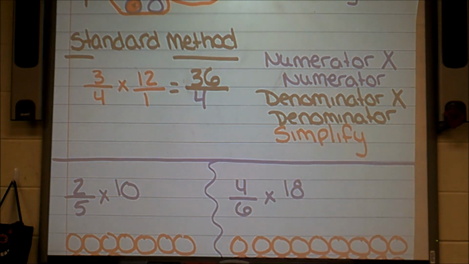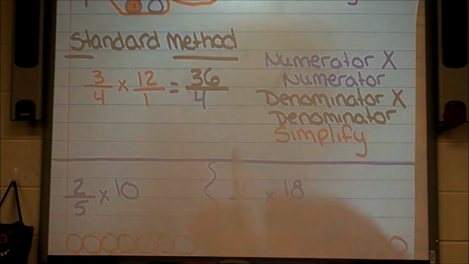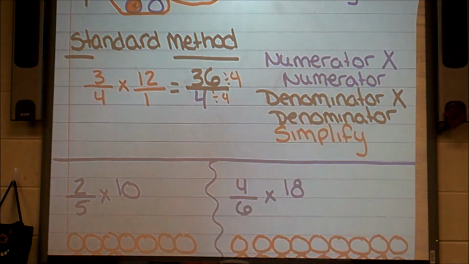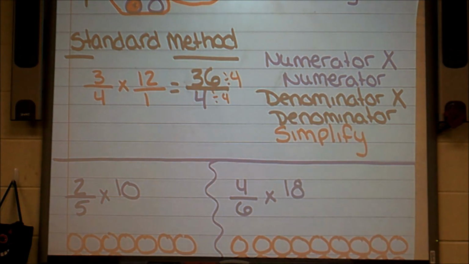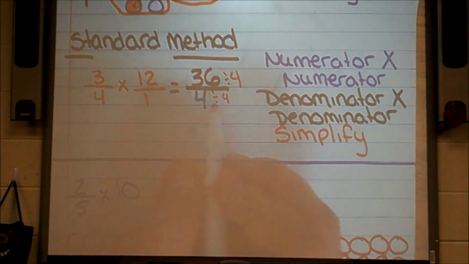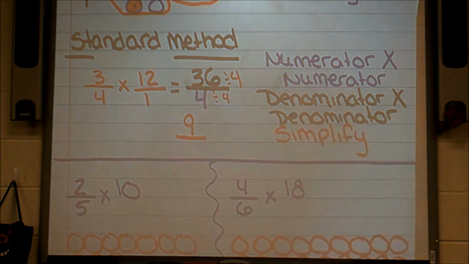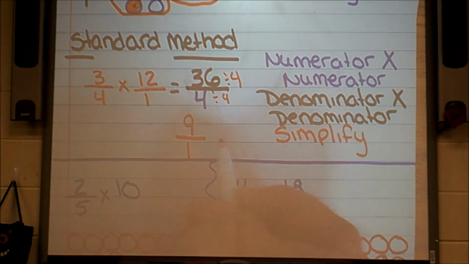So I can divide both sides evenly by 4. And I found when I counted that 36 divided by 4 was 9. And 4 divided by 4 is 1, giving me an answer of 9.